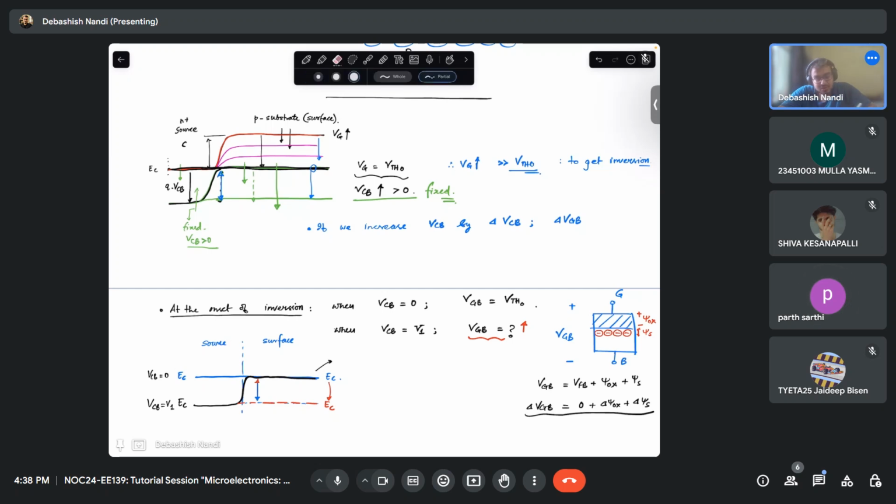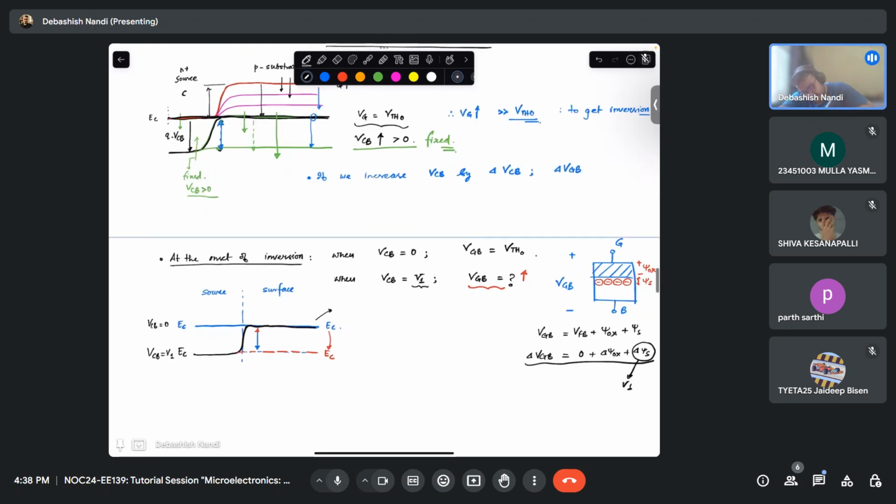So the matter of fact is your surface potential has to be increased by V1, so that the barrier is not present. So that means your delta VGB has to be delta psi ox plus V1. This quantity will be additional.